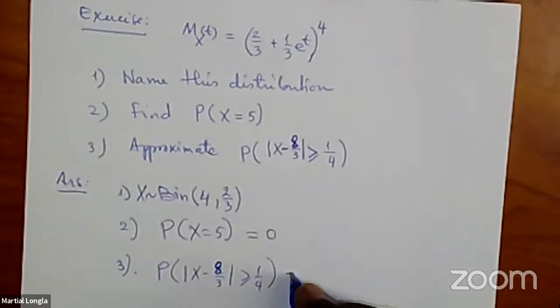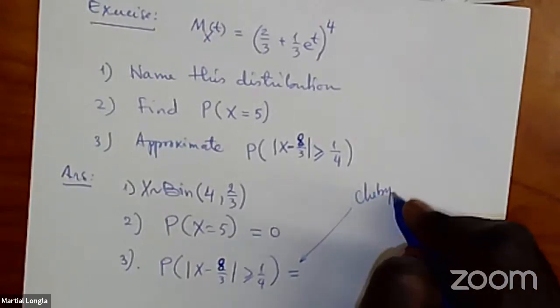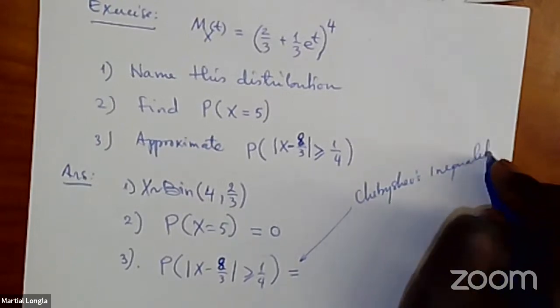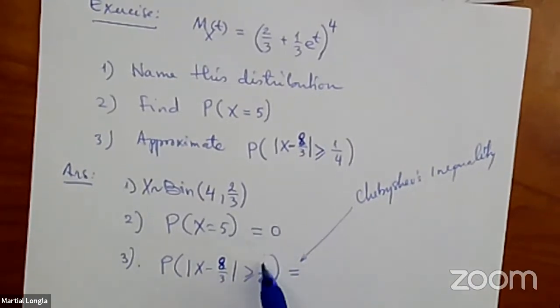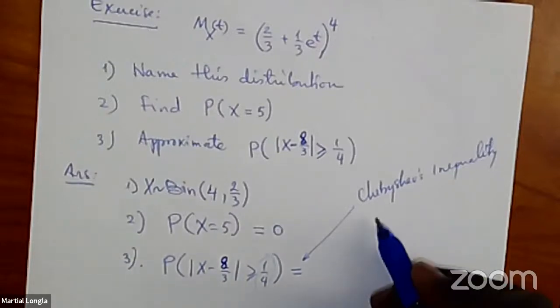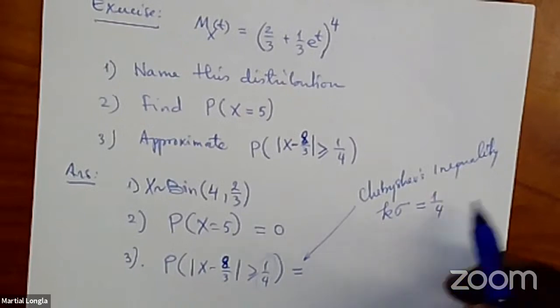So here, we need to think of Chebyshev's inequality. What's supposed to be here in Chebyshev's inequality? Should be k times sigma. So you want k sigma equals 1/4. What is sigma?